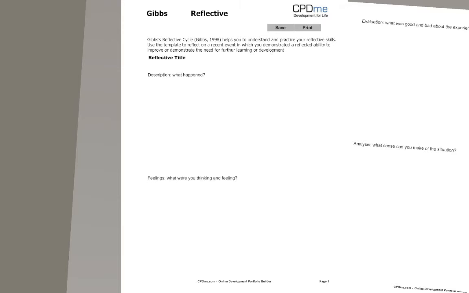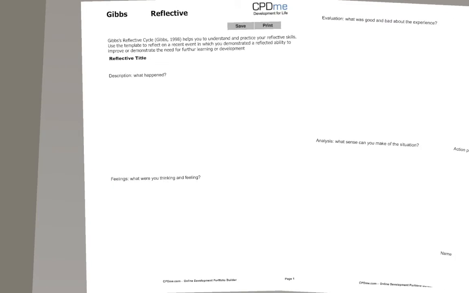It asks very simple questions: describe what happened, describe what you were thinking and feeling, evaluate what was good and bad about the experience, analyze what sense you can make of the situation, conclude about what else you could have done, and then plan actions. What would you do in future to improve what happened? So that is clearly explicitly linked to the 6 elements of the Gibbs cycle.